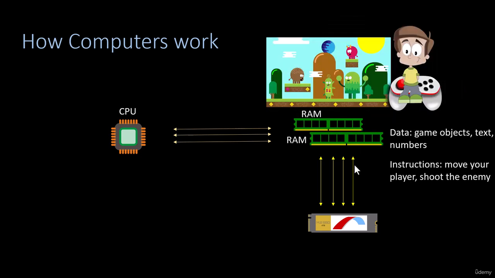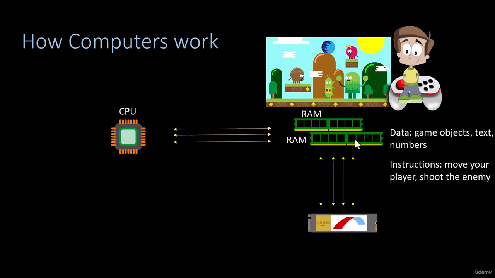A video game, a computer game, is also a type of application, so it works the same. When you want to play a computer game, you first have to download the game and install it on your local drive. When you play, the game is loaded into your computer memory.